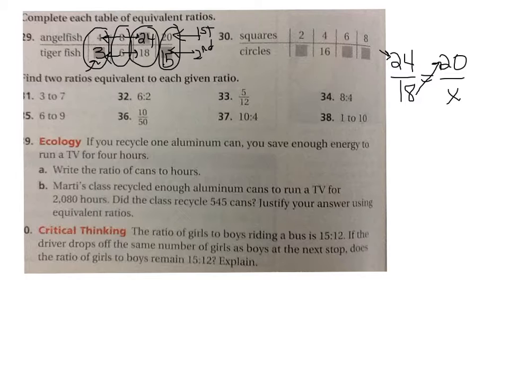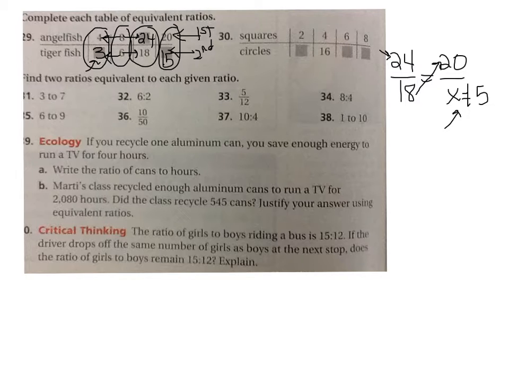Yeah. Mm-hmm. And then you would get a number for x, like how many tiger fish would that be? So go 360 divided by 24. And you should get 15 equals x. 360 divided by 24. I got 15. Good. Ben, we already have that.